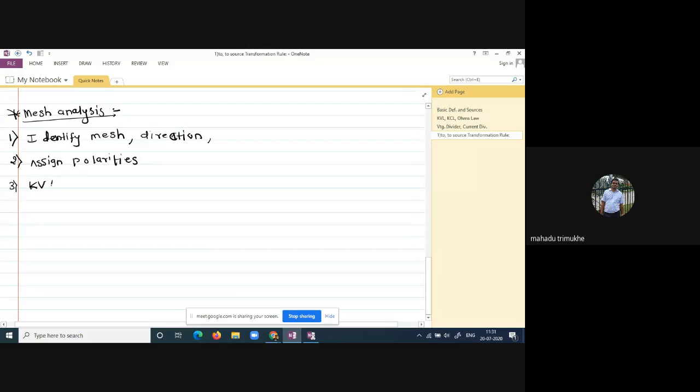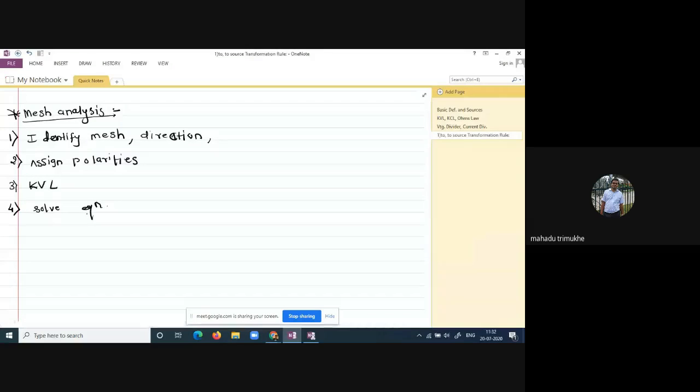Then fourth step is what? Solve the simultaneous equations. These are the steps to do the mesh analysis.